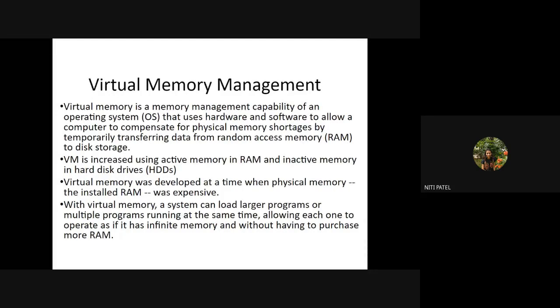When the files go from primary memory to secondary memory, again some space is created in the primary memory, and we consider that memory as virtual memory. Once the work of that virtual memory is completed, all the files which were loaded temporarily into the secondary memory will be brought again into the primary memory. So we are transferring and making some changes in primary and secondary memory in order to create this virtual memory.